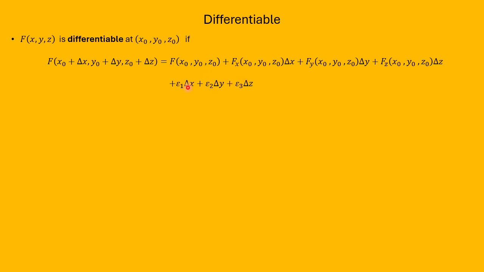And these epsilons have to satisfy the following property. Epsilon 1 goes to 0, epsilon sub 2 goes to 0, and epsilon sub 3 goes to 0 as delta x, delta y, and delta z all go to 0. In this equation, we think of each of these epsilons as being a function possibly of x, y, z, delta x, delta y, and delta z.